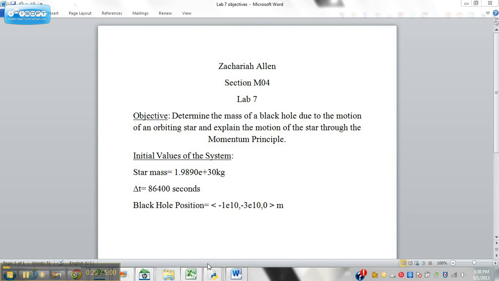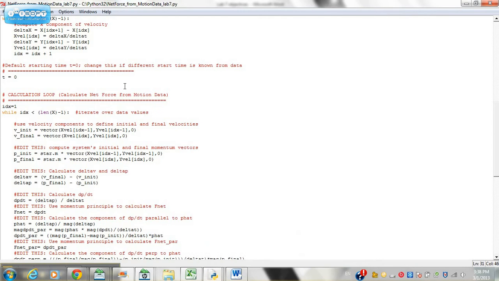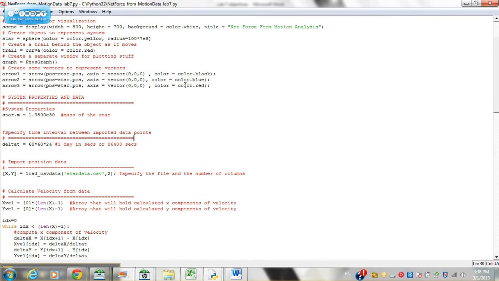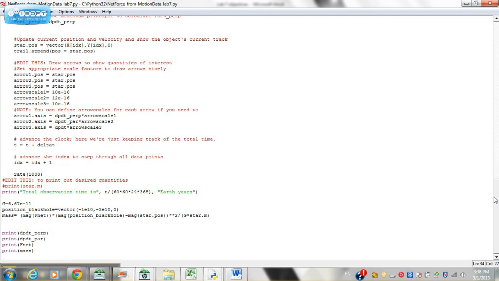And here I have the initial values of the system: star mass, delta t, and the black hole position. So if we go to Python, we have the initial values right here, just a system and delta t. And down at the bottom, I decided to put the gravitational force equation in, and I arranged it so I can find specifically the mass.